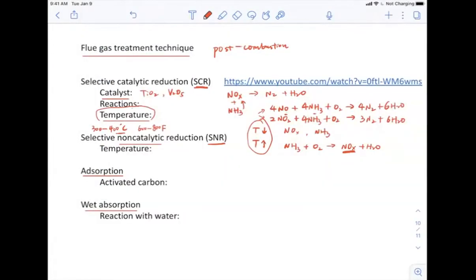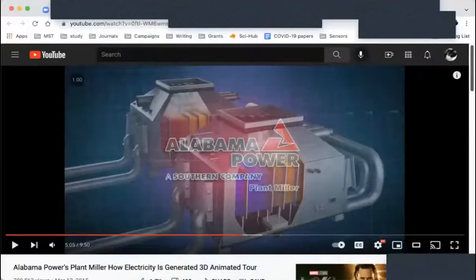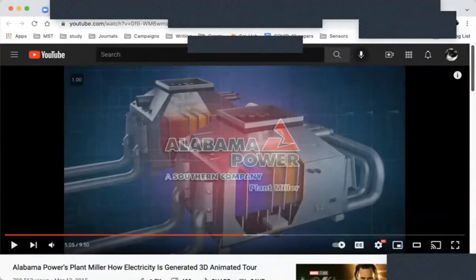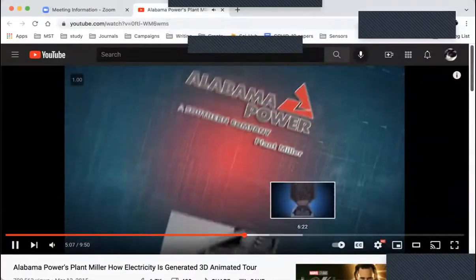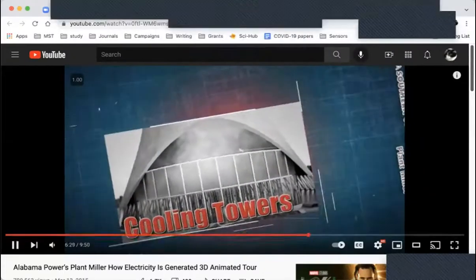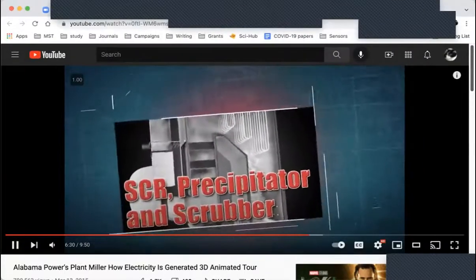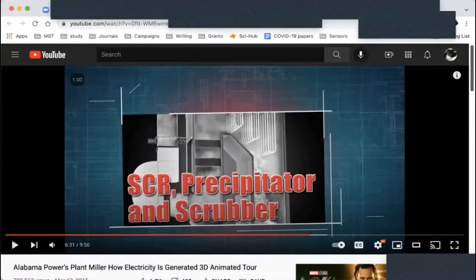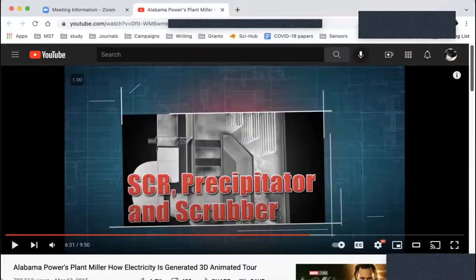So that's the Alabama coal-fired power plant. All right, so this is the SCR. SCR is the selective catalytic reduction, right? So that's basically for controlling the NOx formation.